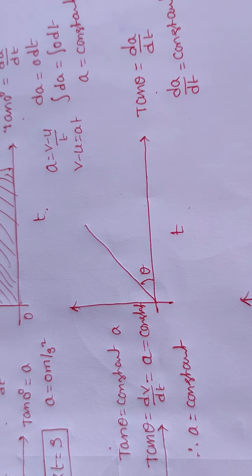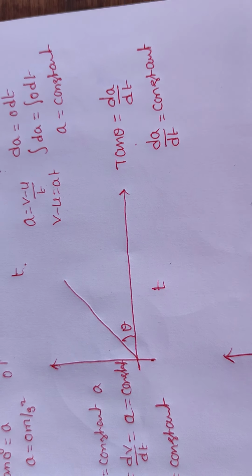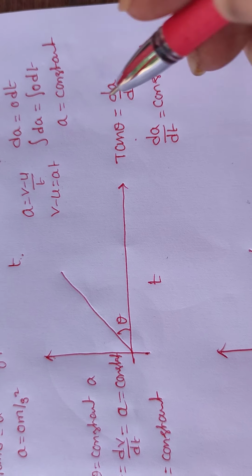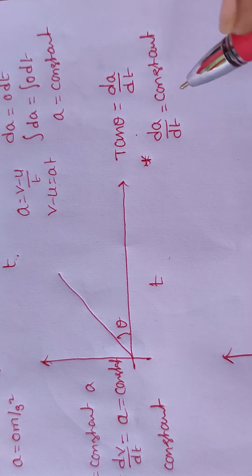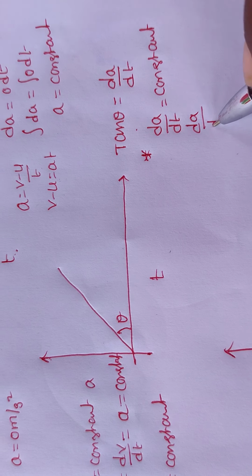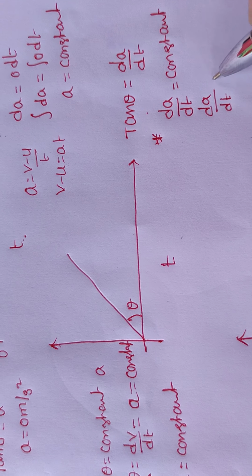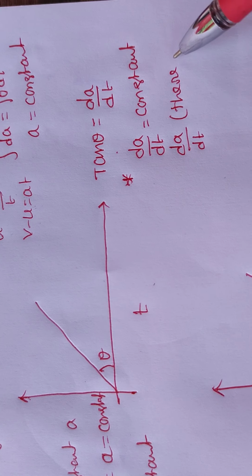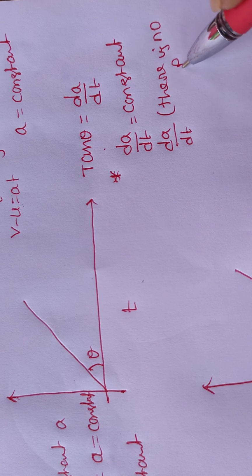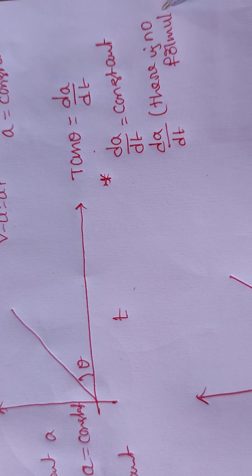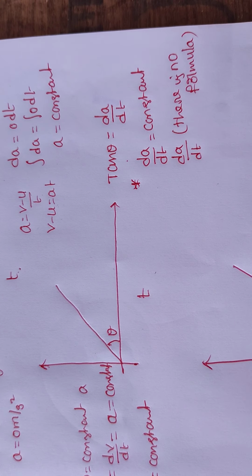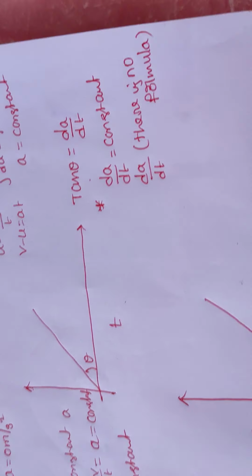It cannot indicate any physical quantity. Understood? dA by dt equals constant, but it does not represent anything. It's a very important point: dA by dt, there is no formula.